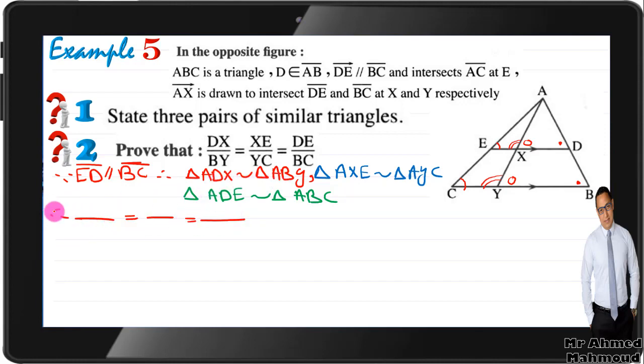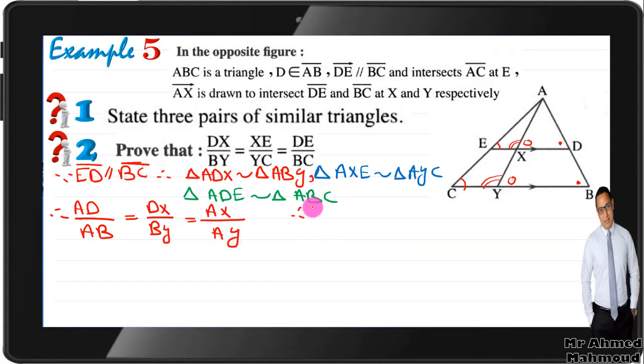ADX and ABY. Here AD over AB equals DX over BY equals AX over AY.